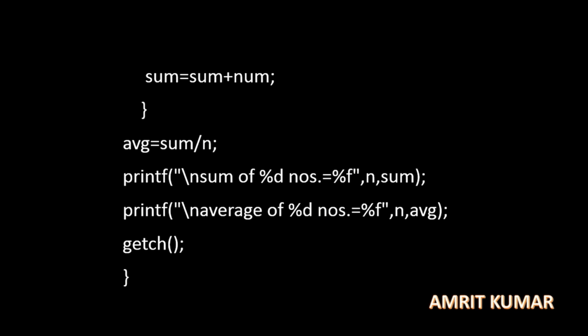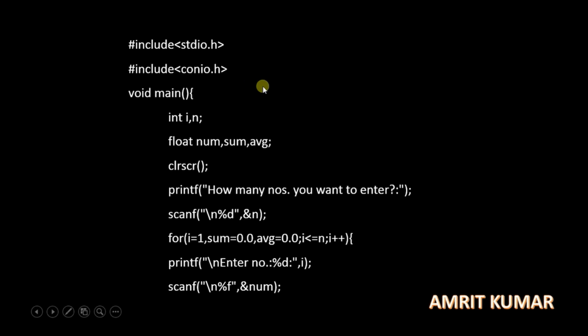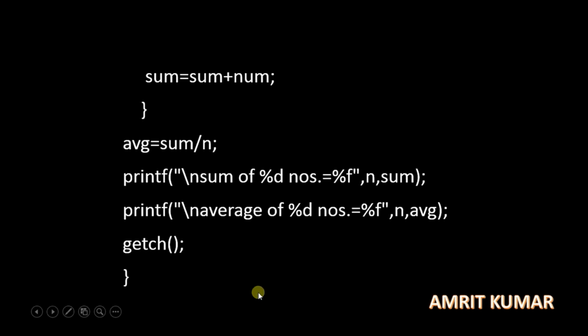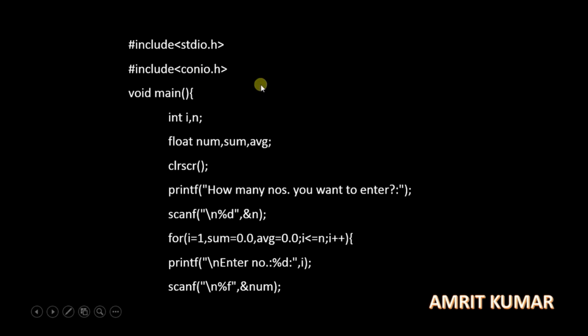Now after that, I have written sum equal to sum plus num. Whatever value is entered by the user is going to be stored here in num. Now sum is 0 here, and num is some number given by the user.